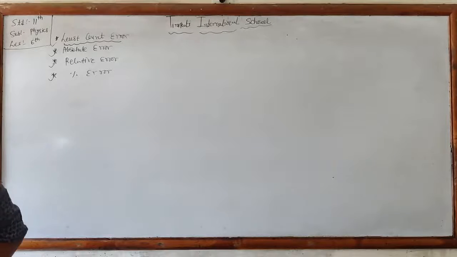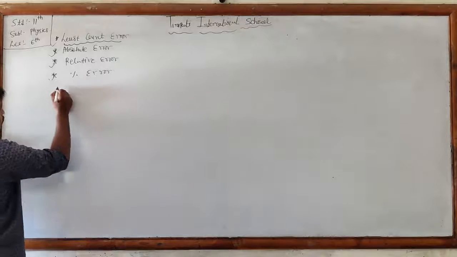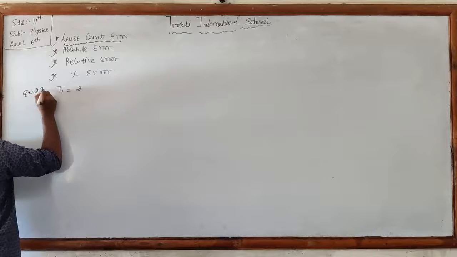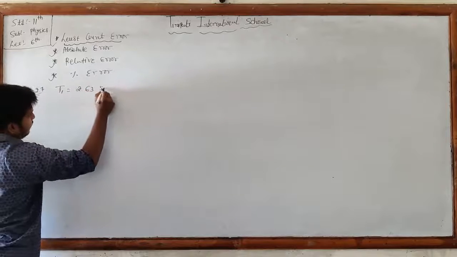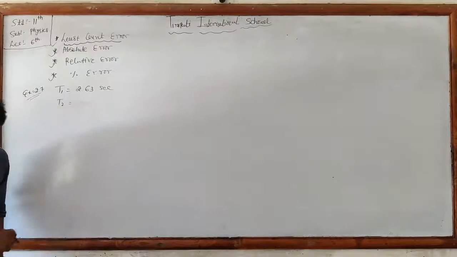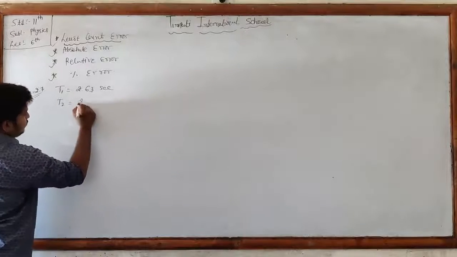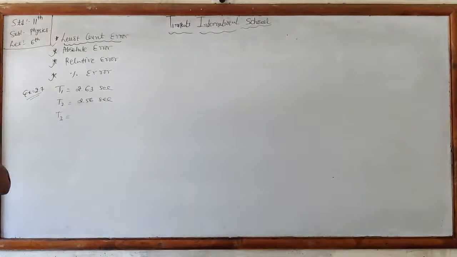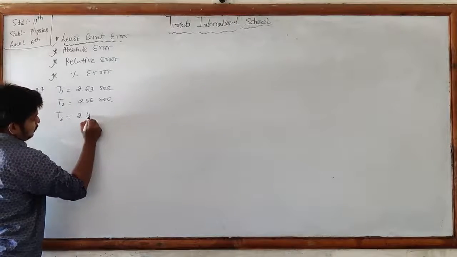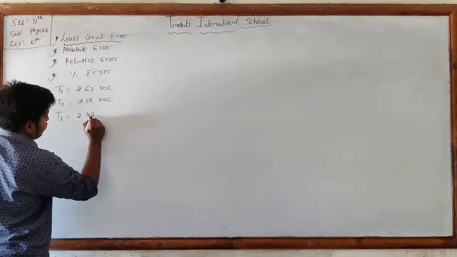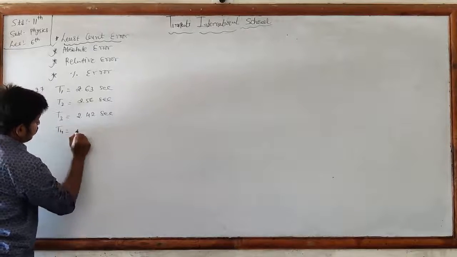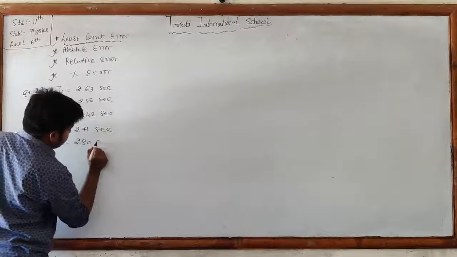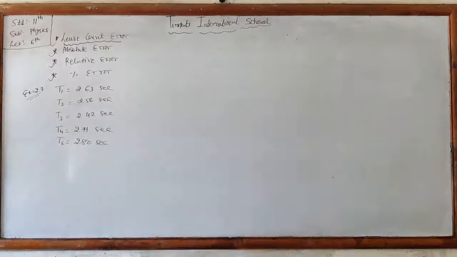Observation T1 is given as 2.63 seconds. T2 is 2.56 seconds. T3 is 2.42 seconds. T4 is 2.71 seconds and T5 is 2.80 seconds.